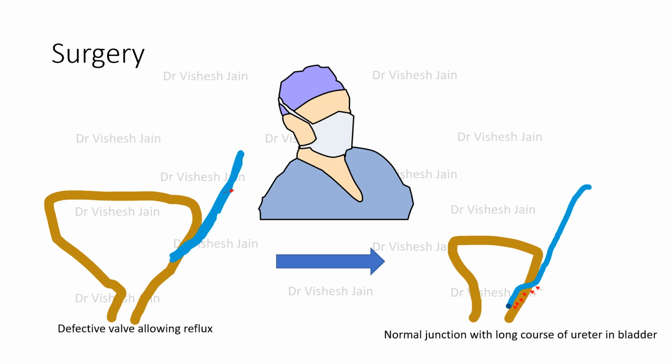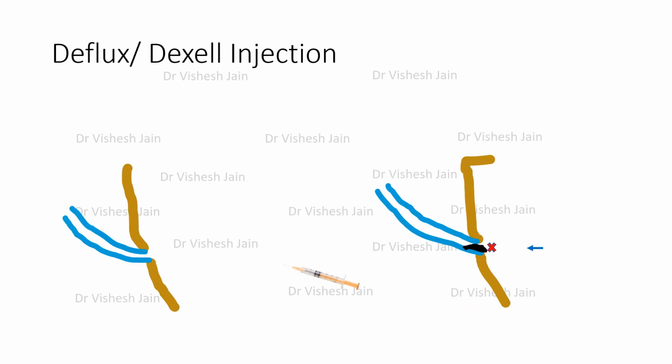This does not allow the urine to reflux. Another option that is recent and now available is injection of a bulking agent at the junction of the ureters and the bladder. They are available under the market names Reflux and Dexel in India. These are very inert agents which form bulk in that particular area once they are injected.